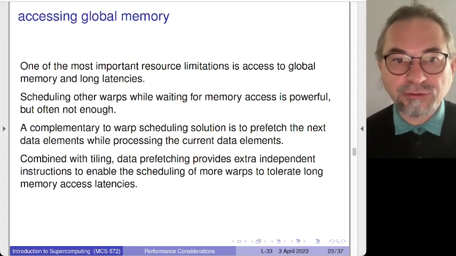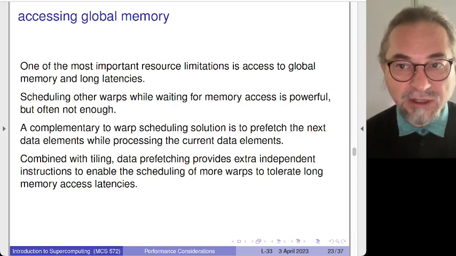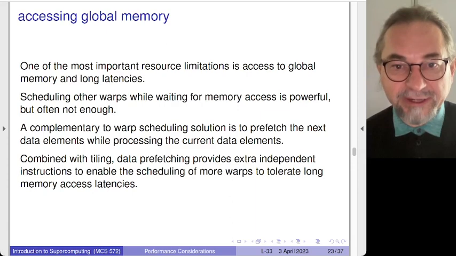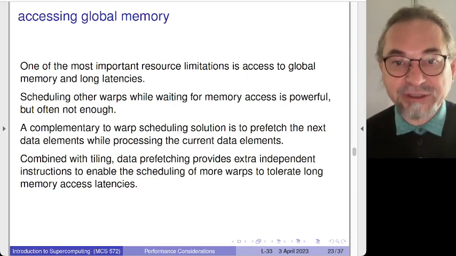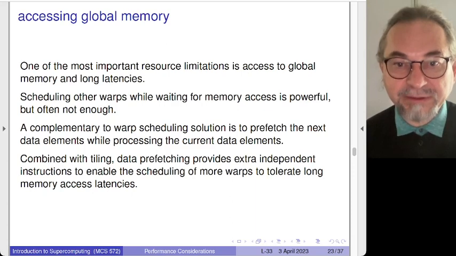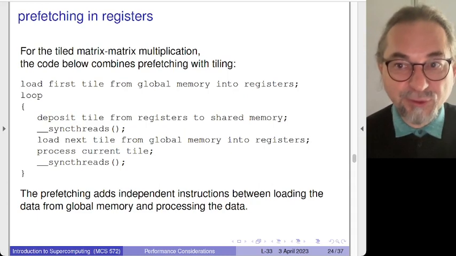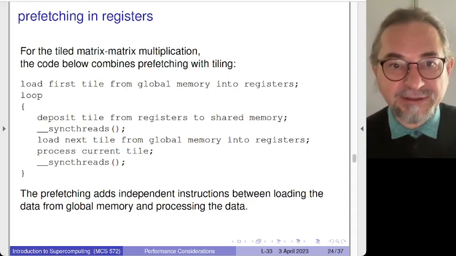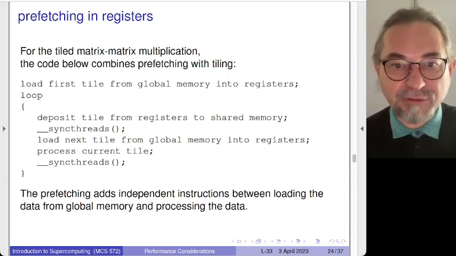So the instruction throughput. Often warps are prevented from executing because they are accessing data. They are waiting for access to global memory. And data prefetching provides extra independent instructions. So here is the pattern. We looked at actual code, which was kind of scary at times. But here you see the prefetching in registers.